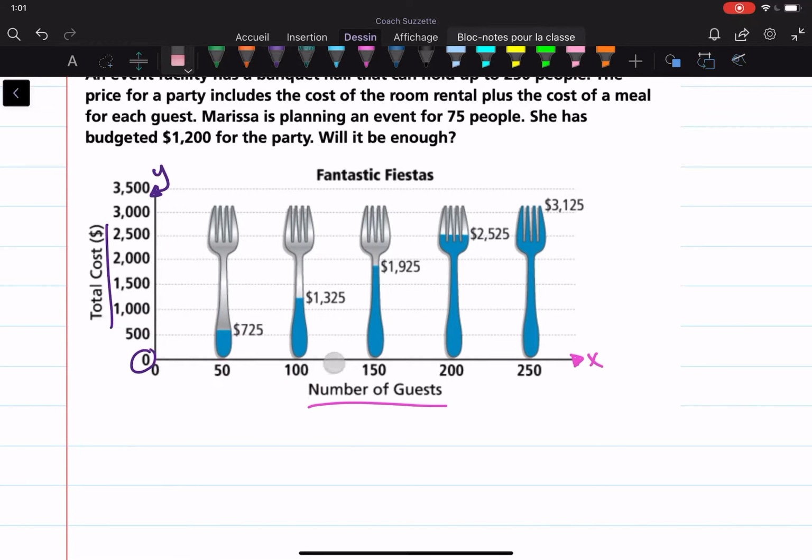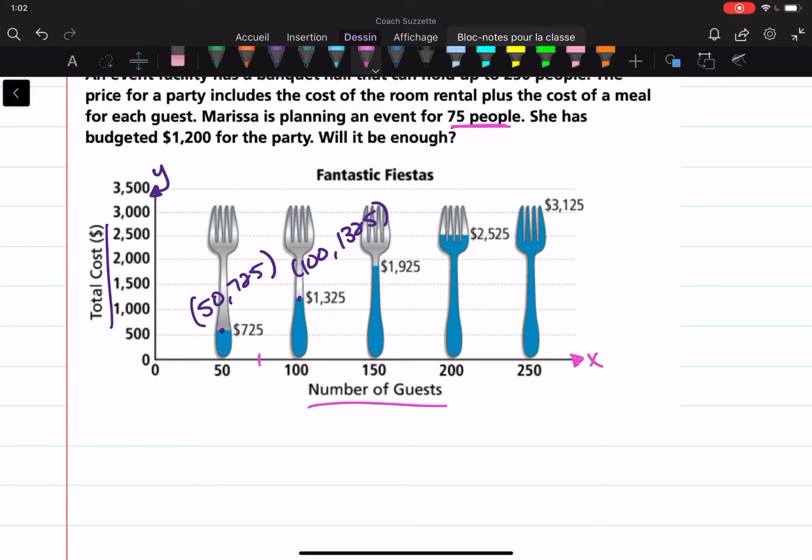The way that we would interpret a point here, which is (50, 725), is 50 guests would cost a total of $725. Similarly here, this (100, 1325) means 100 guests would cost $1,325.